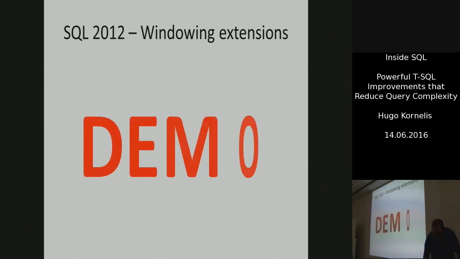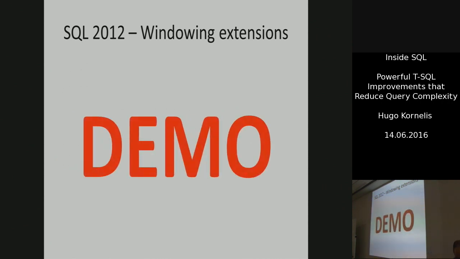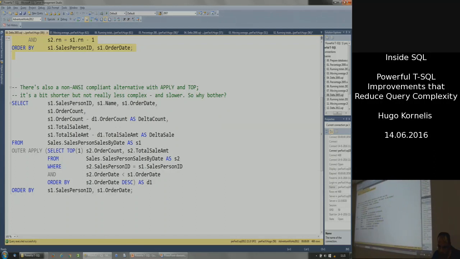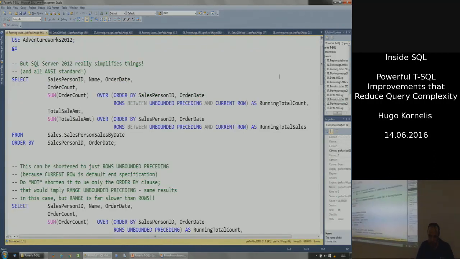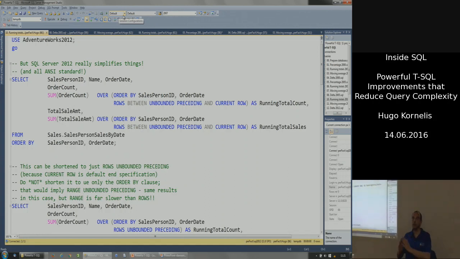Demo time. I'm going to skip the percentage. Why? Because the solution we had in 2005 was close to perfection. It can't get much simpler than we already had, with this basic over clause, and really nothing changed in SQL Server 2012.